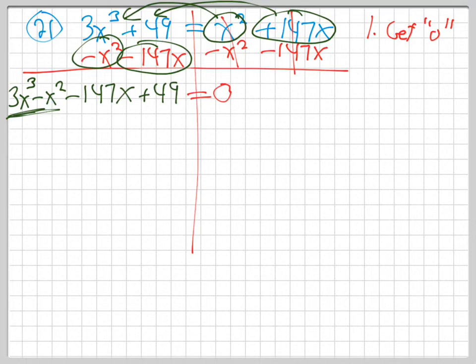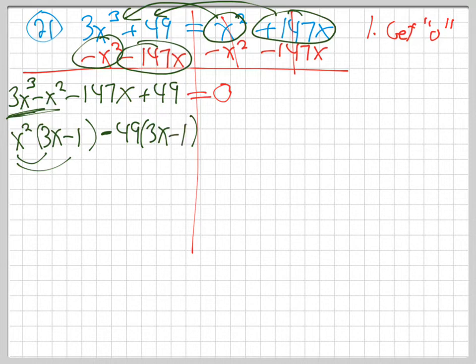Okay, so for the first 2, we take out x squared. Is that good? Right? Because if that x squared multiplied, it'd go back correctly, wouldn't it? And then the back 2, I'm saying 49. But the front is negative, so you go negative 49. And that leaves 3x minus 1. See how they match? Remember I told you they would always match when we do 4 terms? The parentheses will match. See how that's correct?